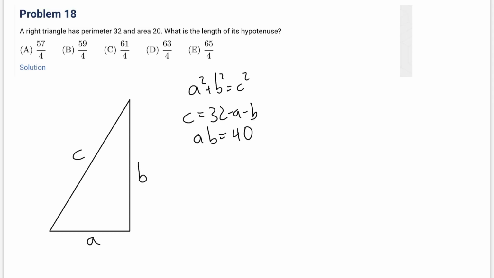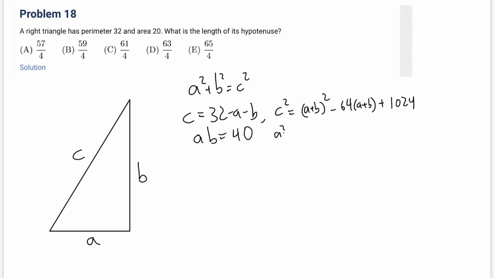So if we square these, then c squared would be (a plus b) squared minus 64(a plus b) plus 32 times 32, which is 1024.